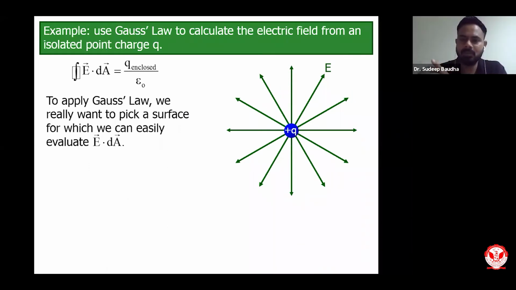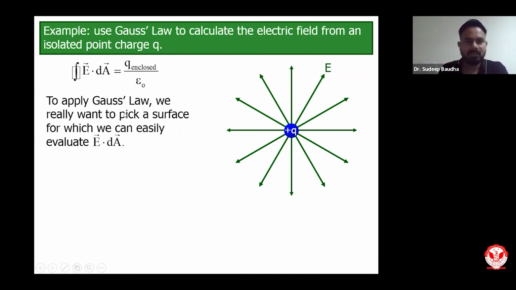Now you know the geometry. We have a point charge, and because of that point charge, I have electric field in the spherical direction, and I have the famous Gauss law, which says that the net flux over a particular area will be equivalent to the charge enclosed in that area upon epsilon naught.